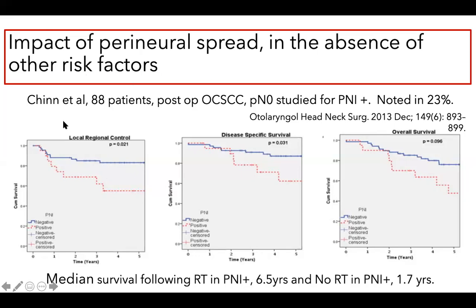So in this group of 88 patients with post-operative oral cancers, squamous cell carcinoma, N0 patients, when studied for PNI, it was found that 23% of patients may have PNI, and the addition of radiotherapy dramatically improves their median survival.